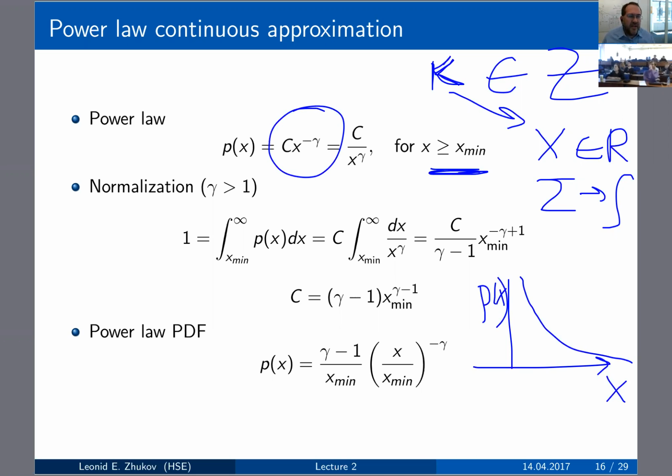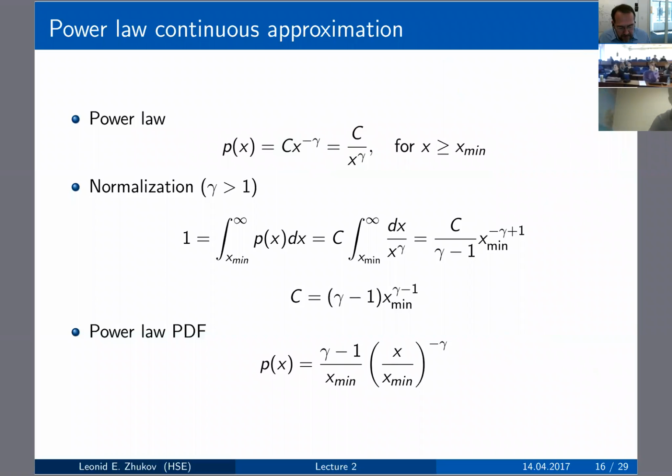Well, we'll need to define some x min because, again, if we look at this as a power law, when x is equal to 0, this function will diverge. So that's not what we want. So we need to start with a certain value. And it's also good to have certain values here because, if you notice, I go back a few slides.